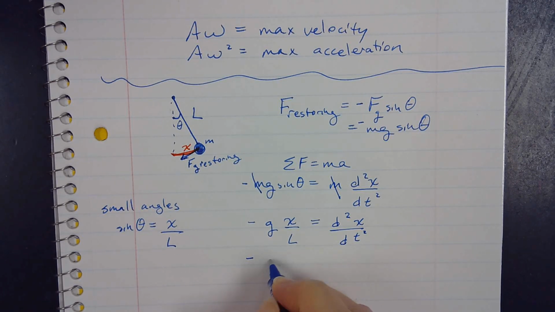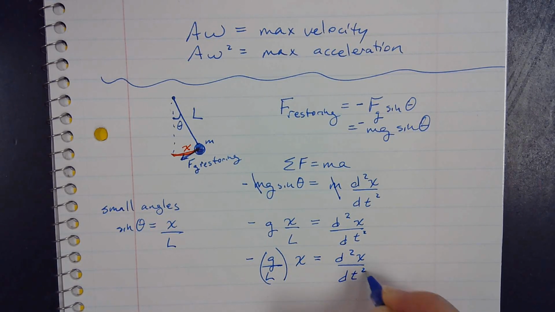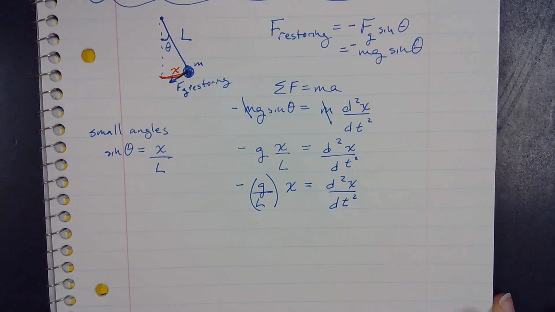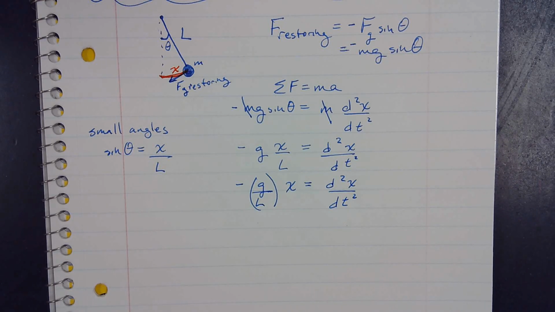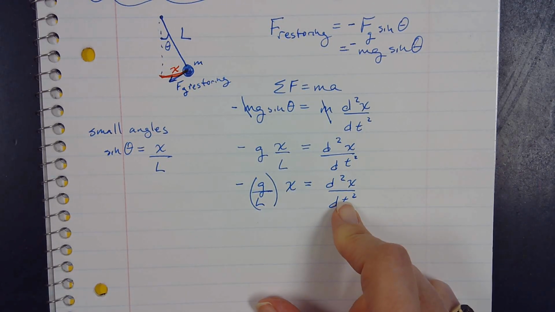If I move this over, do you see that this is the exact same equation we just solved for springs? Let me give you a second and I'll flip back the paper. But we have a negative constant times the displacement is equal to the second derivative of the displacement.